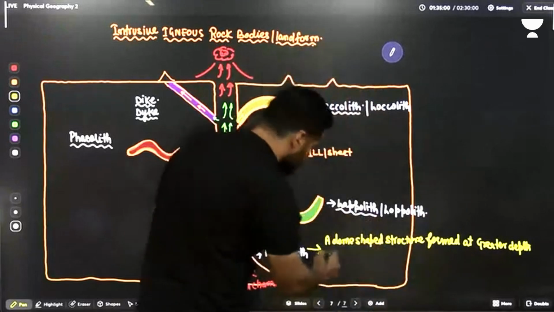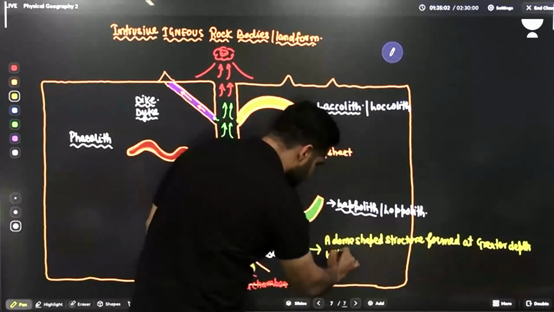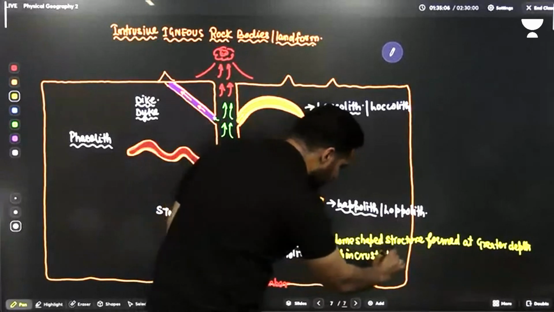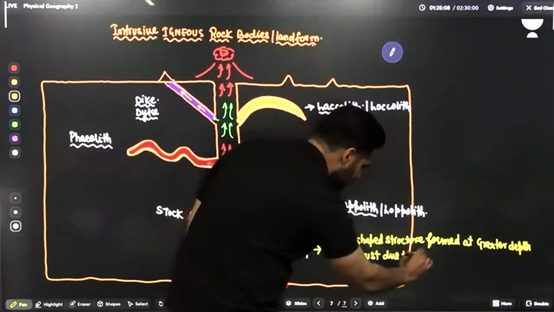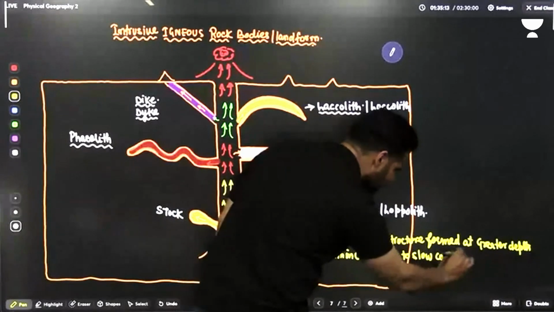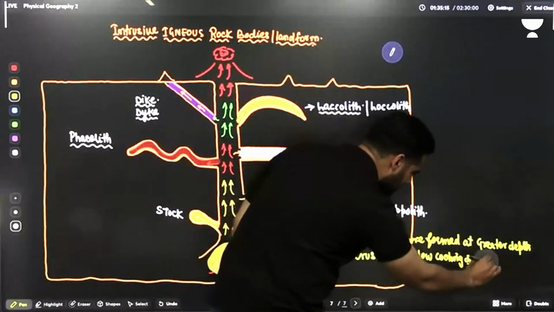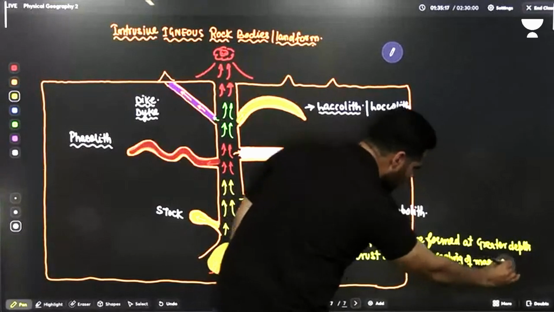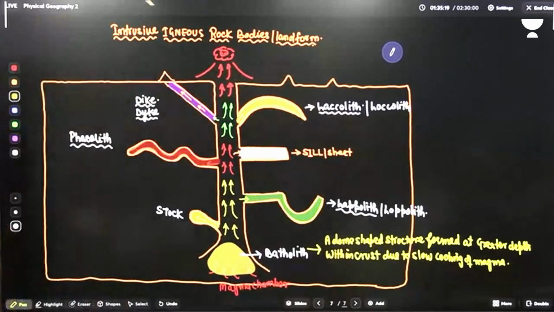At greater depth within crust due to slow cooling of magma. Am I clear with this?